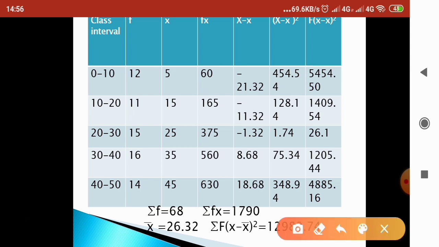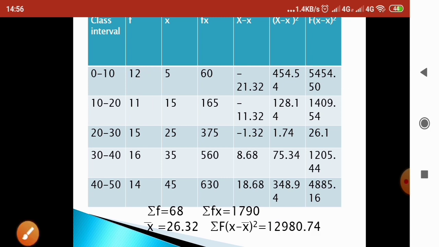Here we have found out f into (x minus x bar) the whole square. See the first row, 454.54 into f, that is 12. So when multiplying these two elements you will get 5454.50, and in the next row you see 128.14 into 11, you got it as 1409.54.